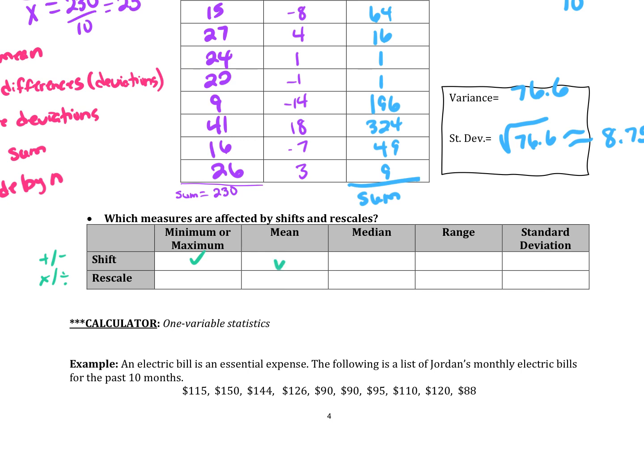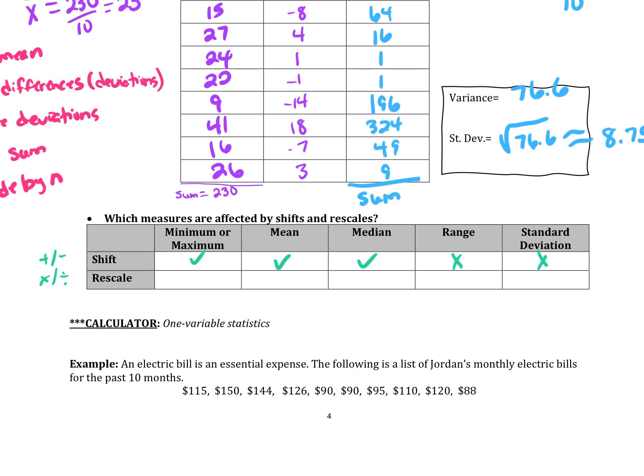Our mean would also get adjusted, as would our median. The range is not going to change, right? Basically, the difference in our high and our low, that wouldn't change regardless of whether we added or subtracted a number to that. And then similarly, our standard deviation would not change either, okay?